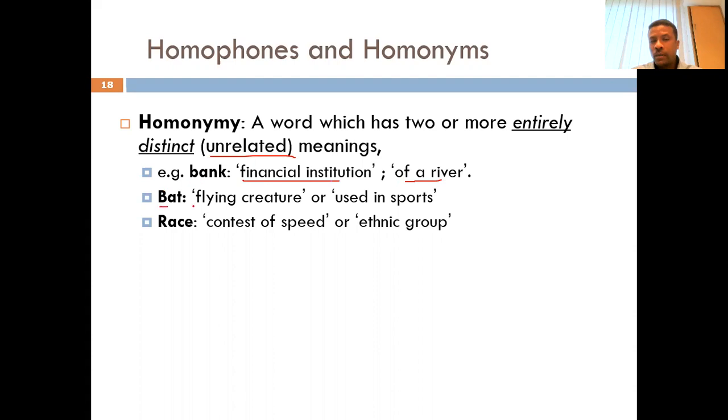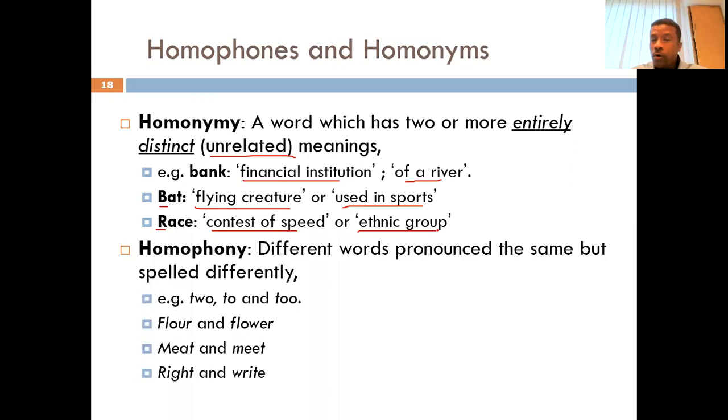If you see the word bat, it can be a flying creature, or a device that you use in a sport. A race can be a contest for speed, like people can race in Olympics or in athletics, and it can also mean ethnic group. Mind you, it is the same word, but having entirely unrelated and different meanings, and we call them homonyms.